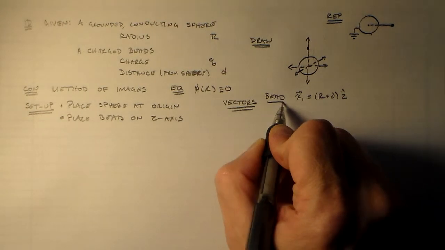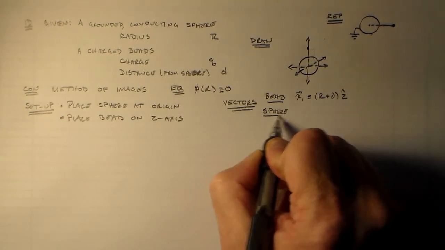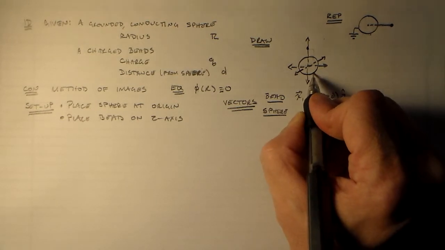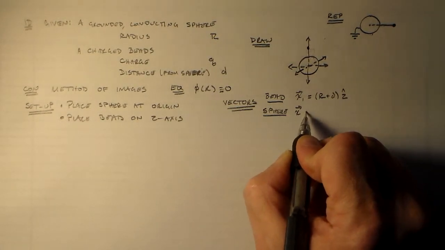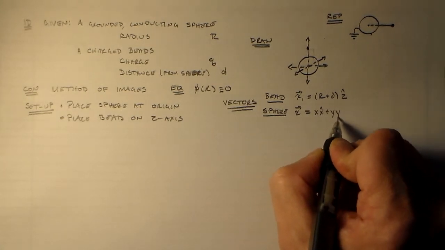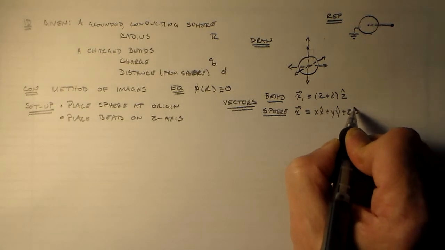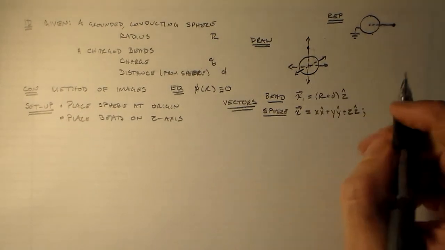Then we have, on top of the bead, the sphere. Every point on the sphere is going to be radial from the center, right? So each point on the sphere is x hat plus y hat plus z hat, but we have a condition, and the condition is it's at the edge of the sphere.